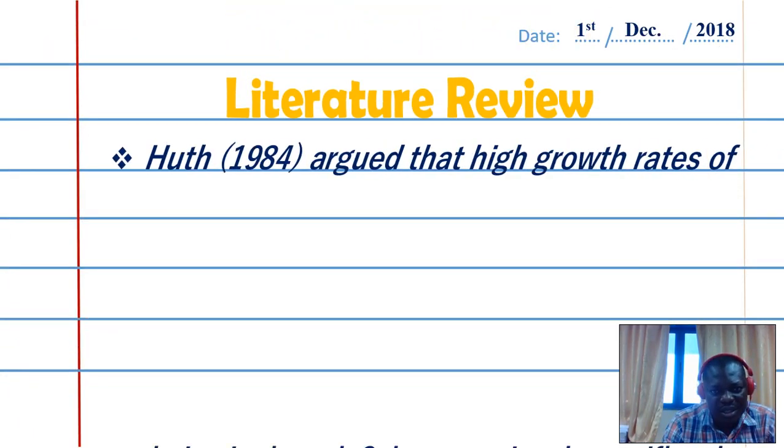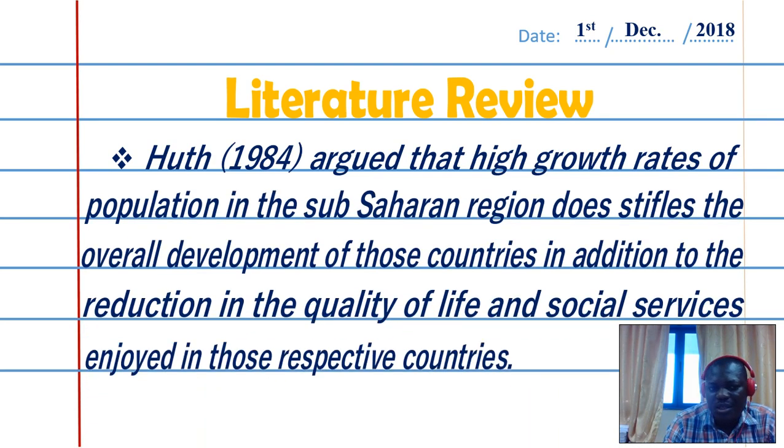Some literature. In 1984, Hughes argued that higher growth rate of population in the sub-Saharan region thus stifles the overall development of those countries, in addition to the reduction in quality of life and social services enjoyed in those respective countries. So the argument is that growth in population will have some effect on the growth of the economy, productivity.